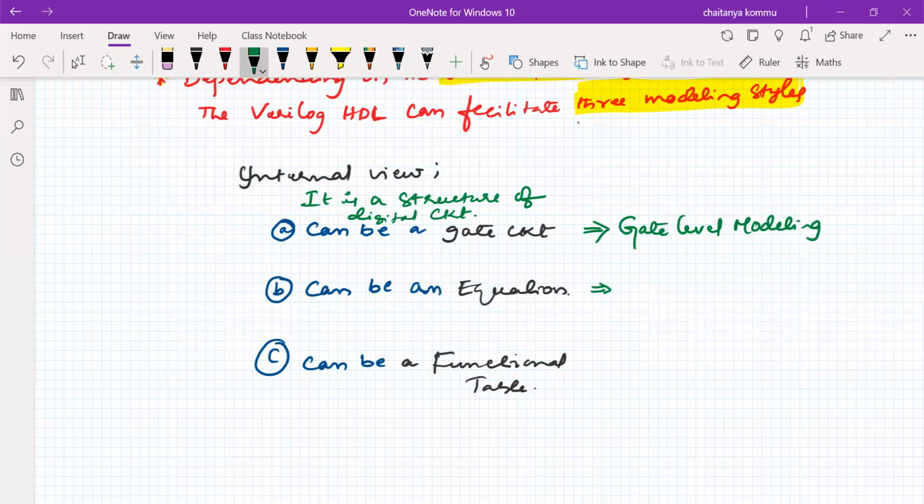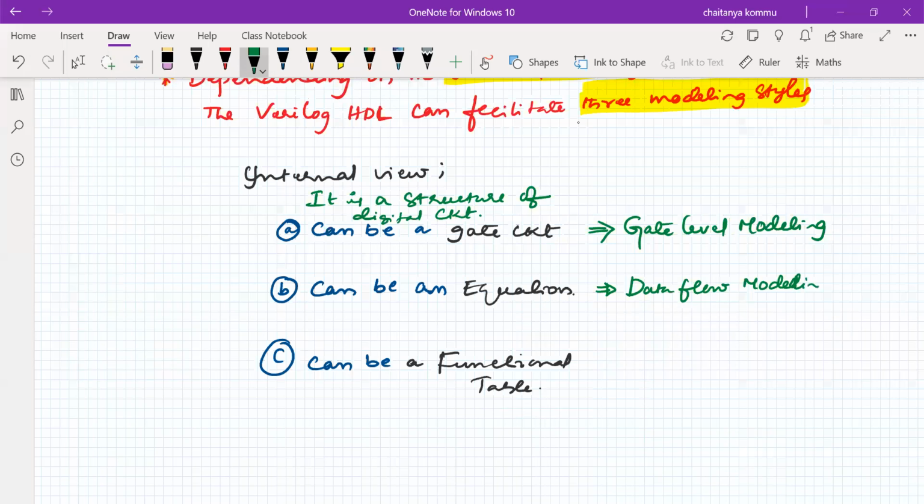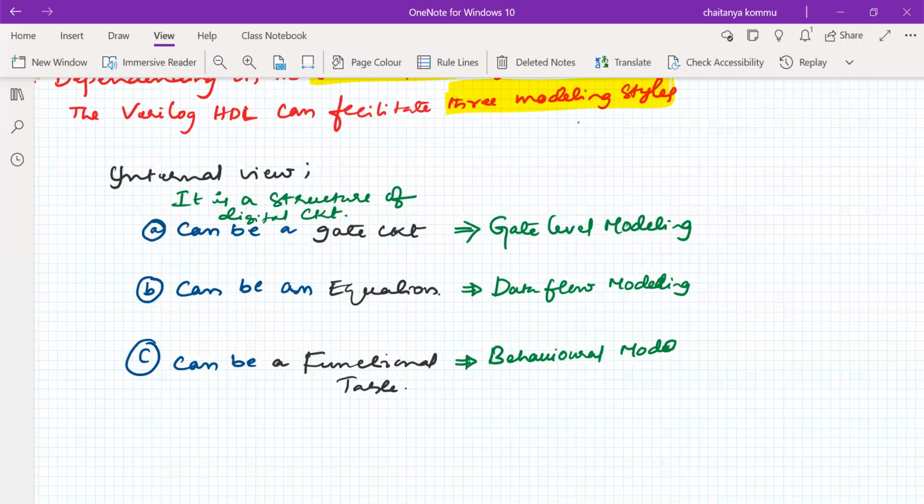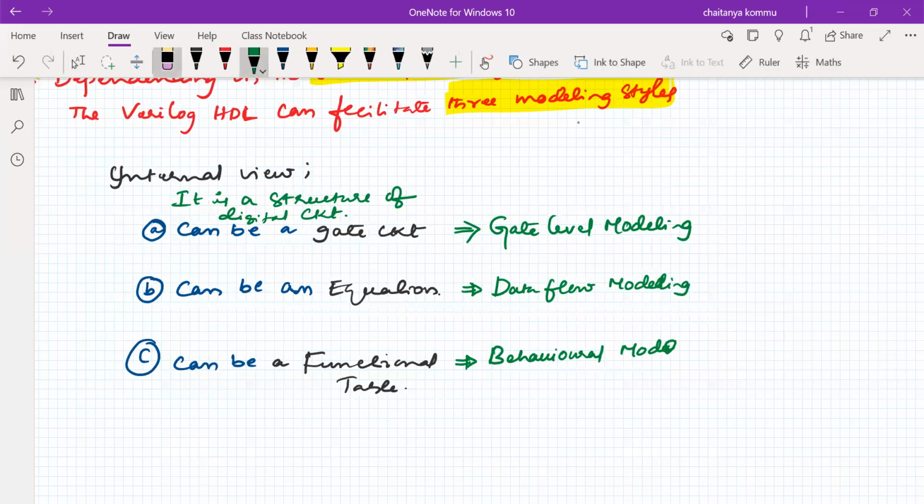If you are describing the circuit based on equations, then it is called data flow modeling. And if you are using functional tables, we use behavioral modeling. These are the different modeling styles that are available in Verilog HDL.